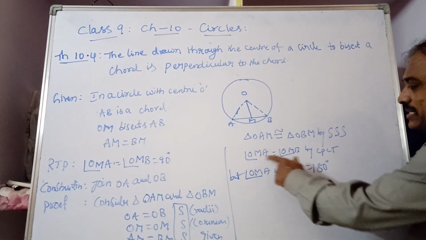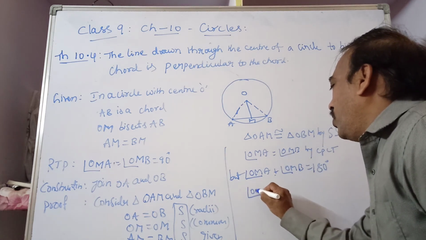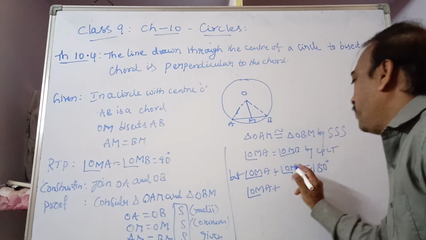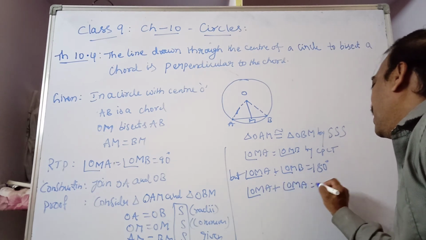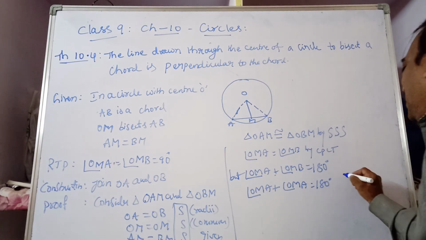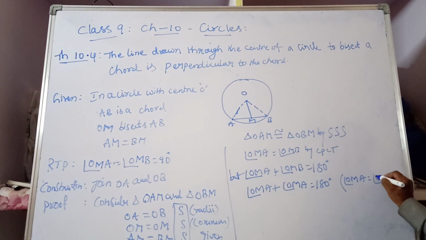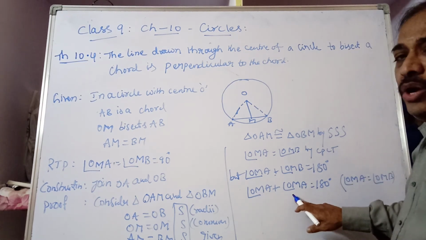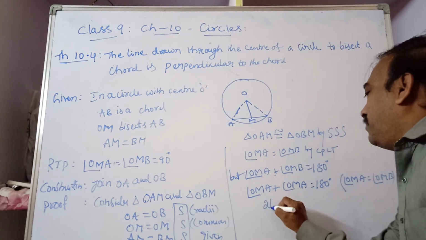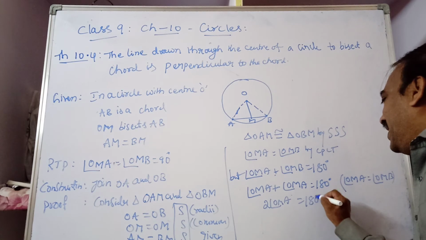Now OMA is equal to OMB. So we can write angle OMA plus, in place of OMB, OMA, is equal to 180 degrees. Reason: angle OMA is equal to angle OMB. Now OMA two times, so 2 times angle OMA is equal to 180 degrees.